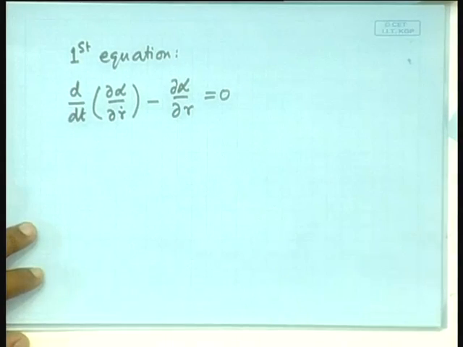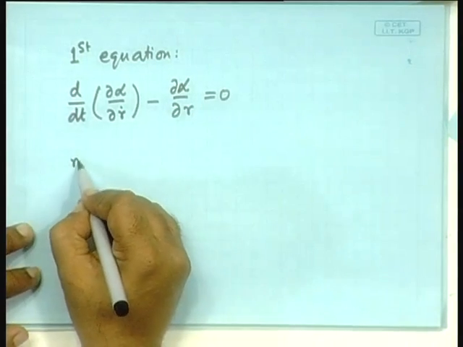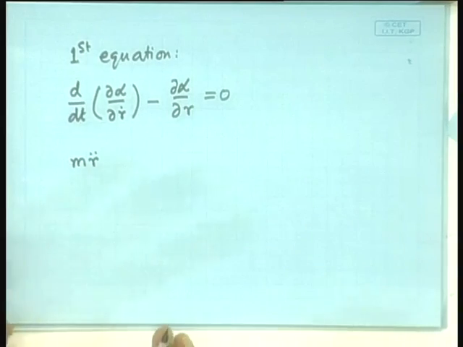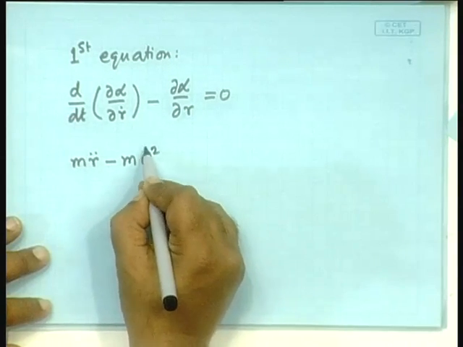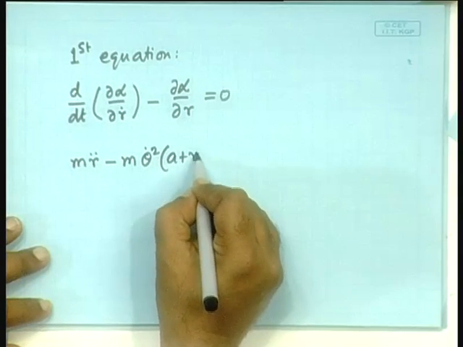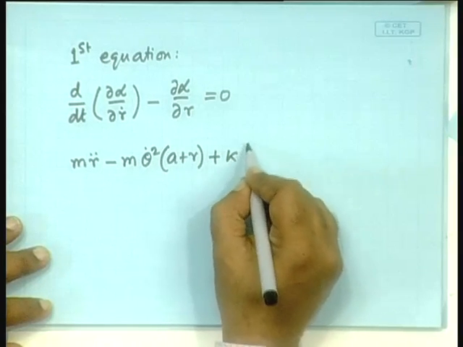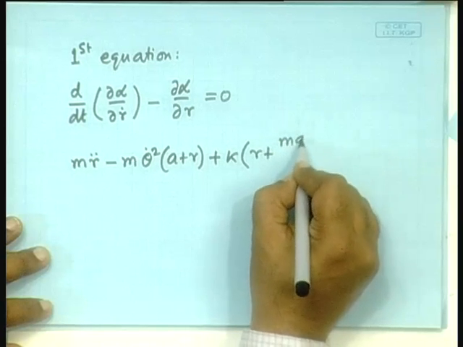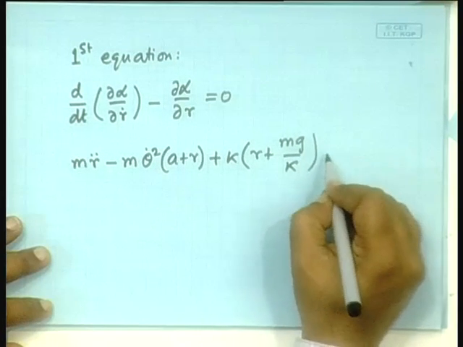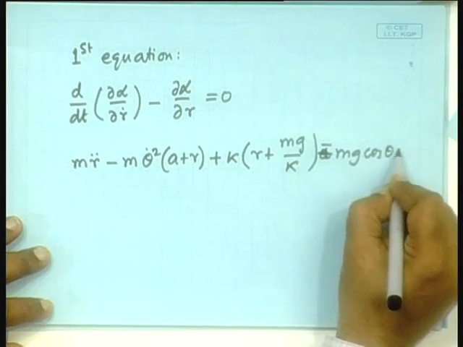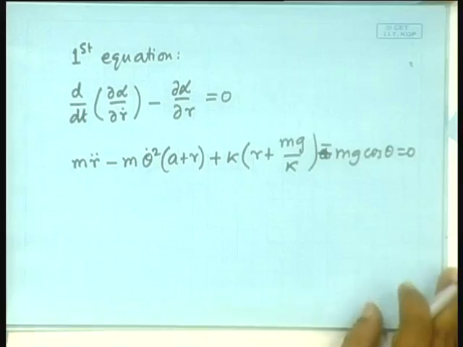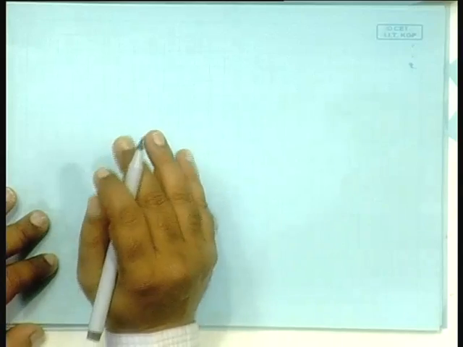So, substitute. The first term will come to m r double dot, no problem about it. Then the next term simply substituted, minus m theta dot square a plus r plus k r plus m g by k minus m g cos theta equal to 0. Done. First problem completed.